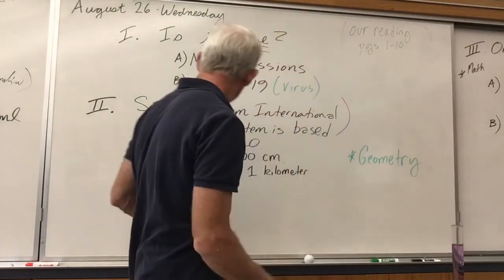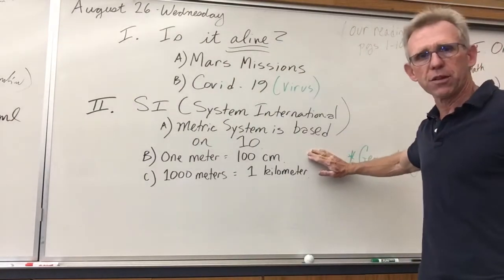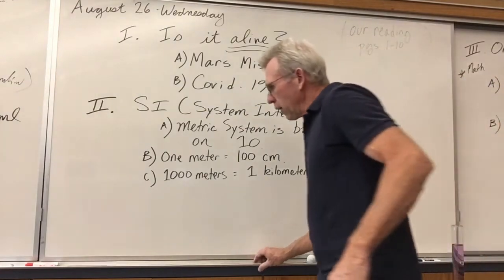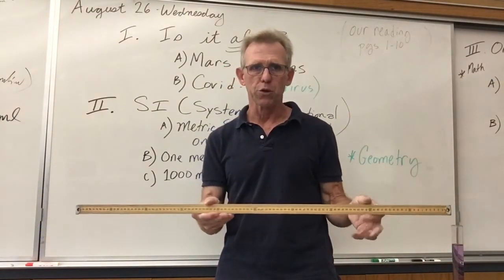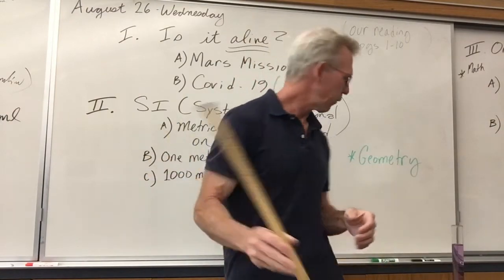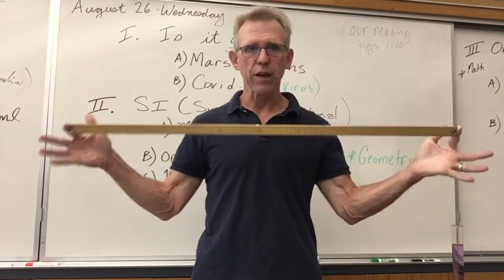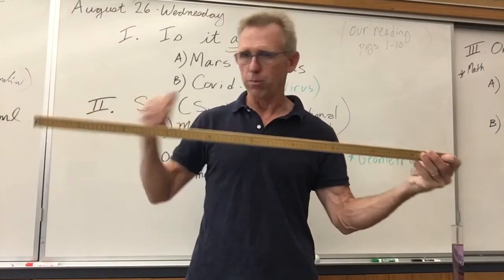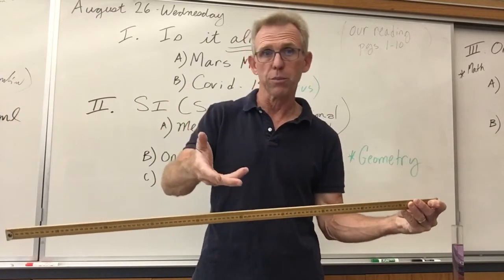One meter is the same thing as 100 centimeters, which makes it extraordinarily easy to convert between centimeters and meters. You're just hopping decimal points. If I take 1,000 meters and stretch them out end to end, you've got yourself 1 kilometer, 1 click if you know somebody in the military.